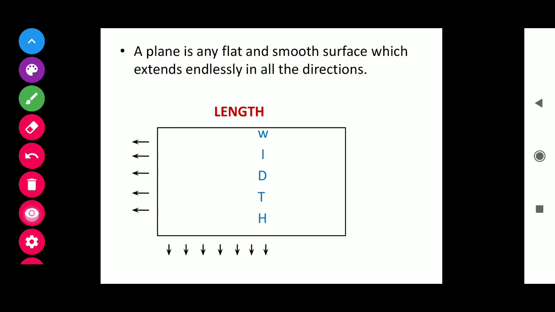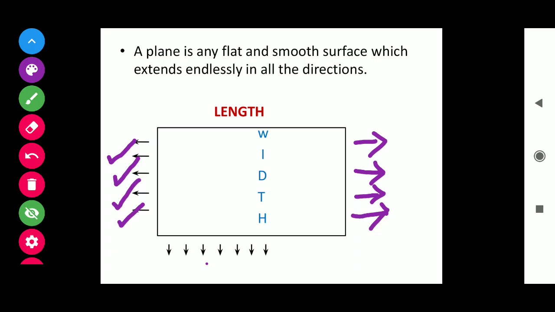Next one is a plane. A plane is any flat and smooth surface which extends endlessly in all the dimensions. Here I have shown you these arrows. What do these arrows show? I can show arrows like this also. So what are these arrows showing?